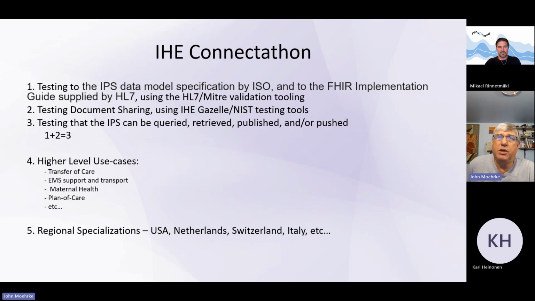The testing of IPS, our approach is to use the HL7 test toolings. So what you're seeing happen at a FHIR connectathon is, from a pure IPS content testing, the same tool that we use in IHE. So we use modular tooling. That is, if all we're dealing with is a base IPS.